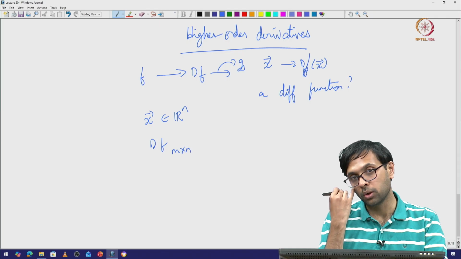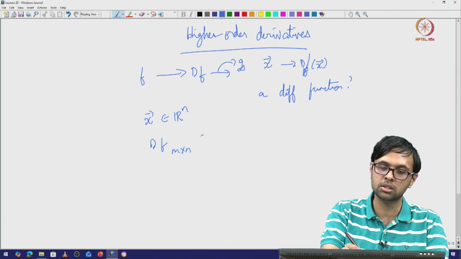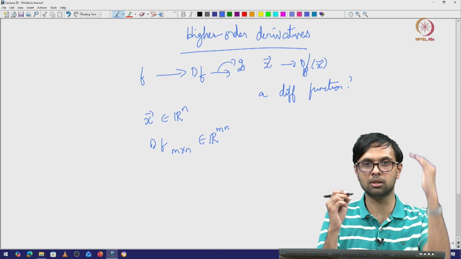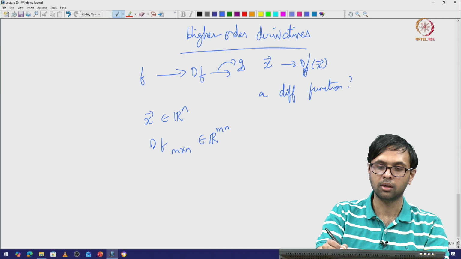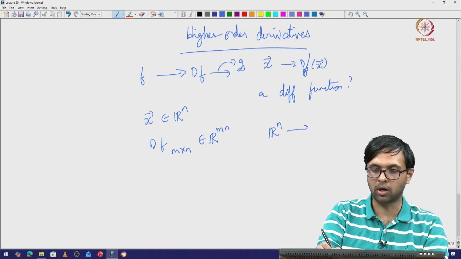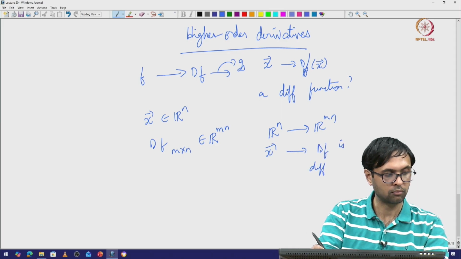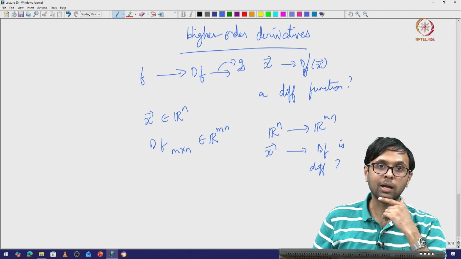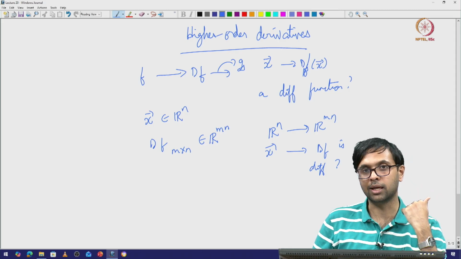And we can treat matrices simply as vectors in Rmn. Instead of writing these as a matrix, you can simply write all of these entries one after the other, right? So you can simply ask whether this function is differentiable or not, right? So that if that is true, then you say f is twice differentiable at x.